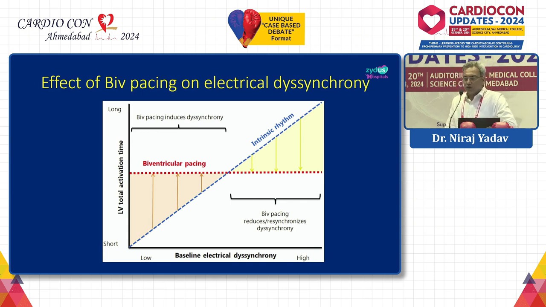Now this is a beautiful slide which tells that if a patient has no LV activation delay or no dyssynchrony, by introducing CRT you are promoting dyssynchrony, because it only corrects the dyssynchrony when it is present.